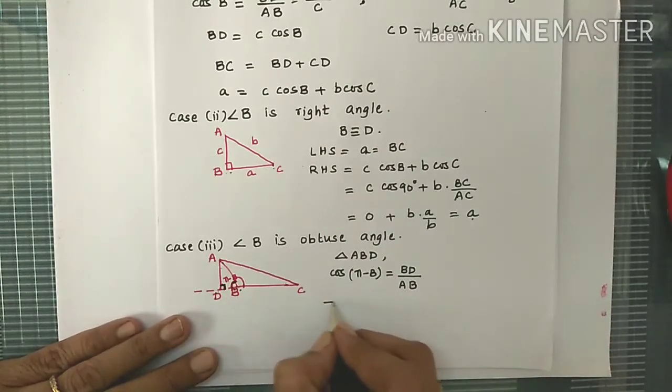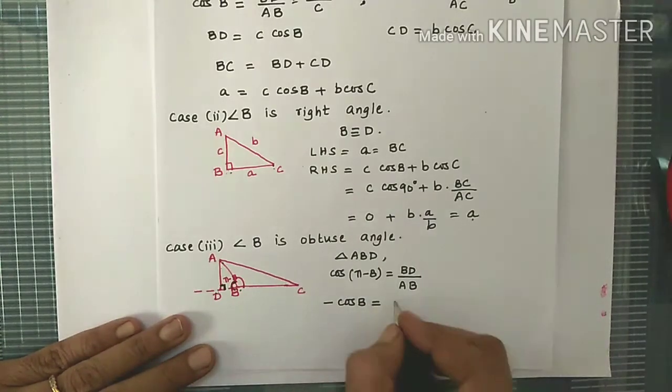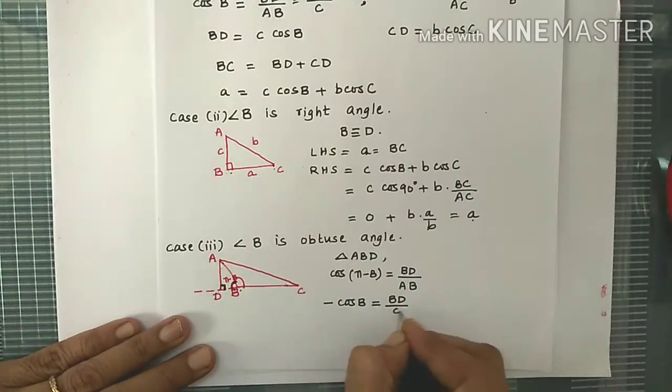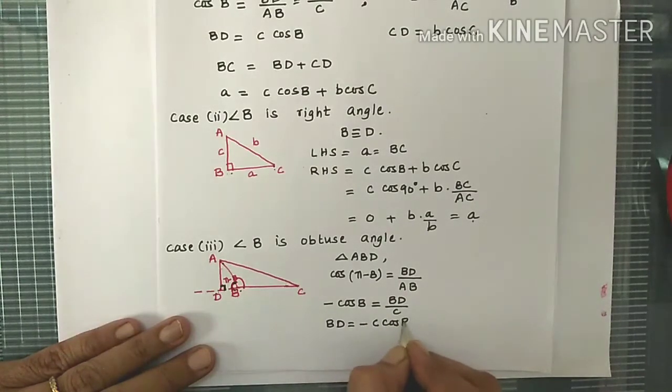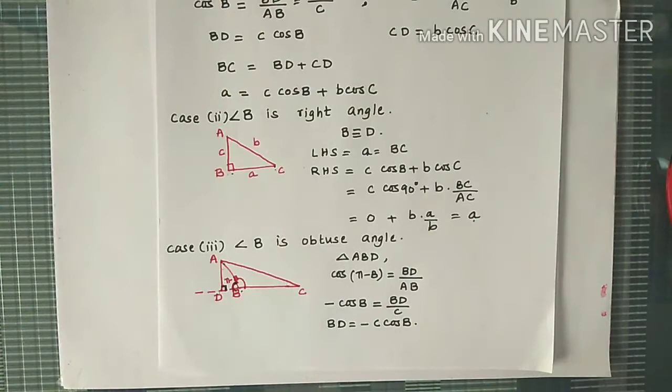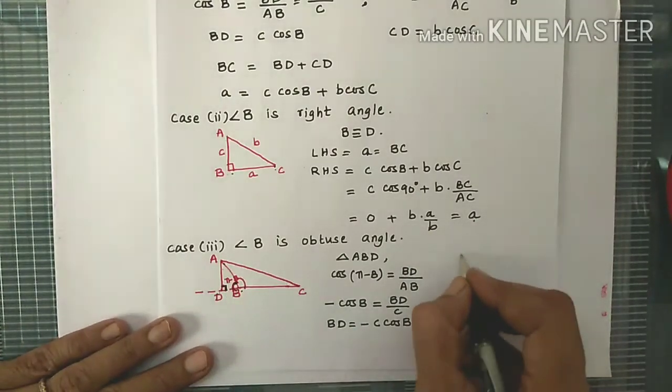Now cos of pi minus B is minus cos B, and BD divided by AB, where AB is denoted by c. So we have BD equal to minus c cos B. Okay, considering triangle ABD. Now consider triangle ACD.